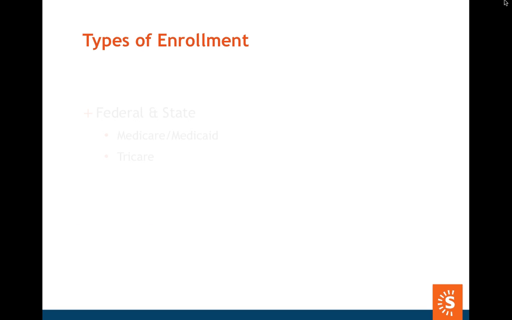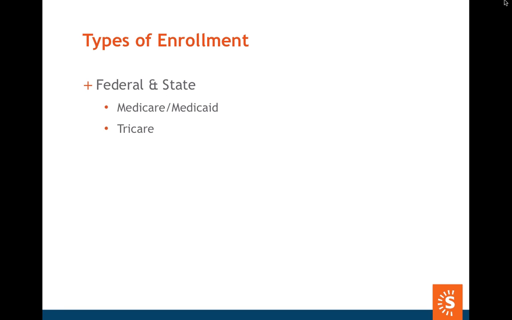All right, we kind of learned some of the foundational pieces of enrollment. Now I'd like to ask Dina, could you please help walk us through the types of enrollment that exist? Absolutely. Thank you, Donna. First of all, we have federal and state, which would be your Medicare, and state would be your Medicaid.